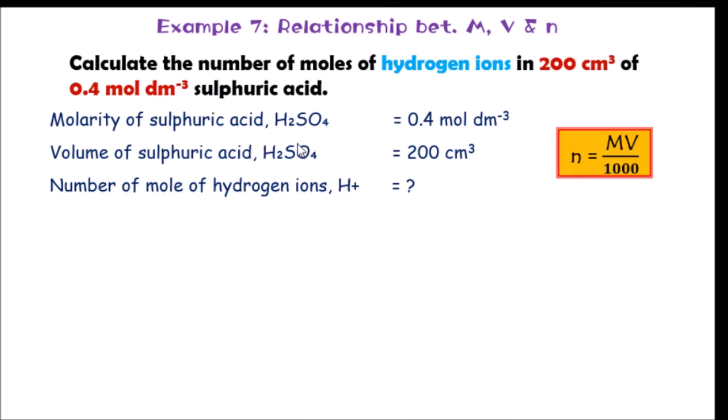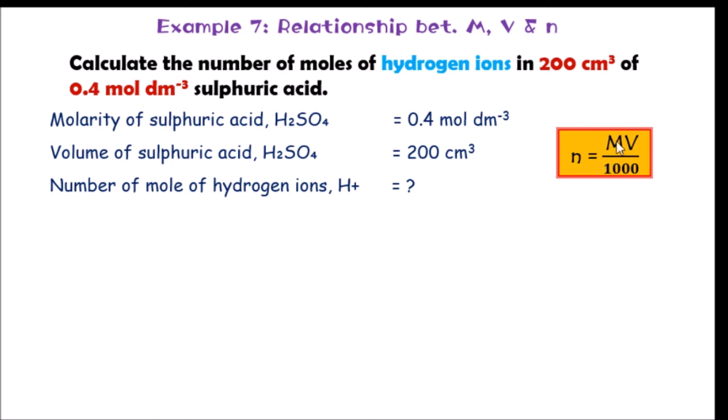Very good. So, we use this formula. Why? Because the unit of the volume is in cm cube. So, we can use the formula N equal to mv over 1000.